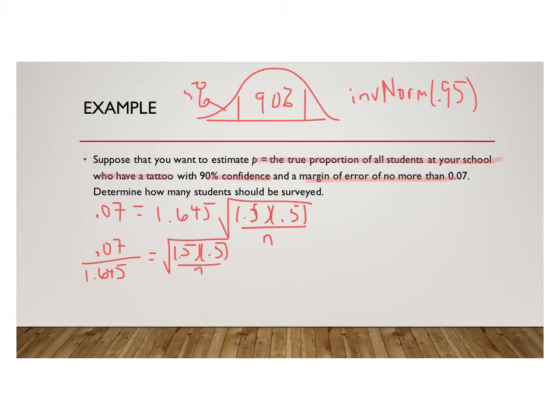Next thing we're going to do is get rid of that square root sign by squaring both sides. From there, you're going to multiply both sides by n.